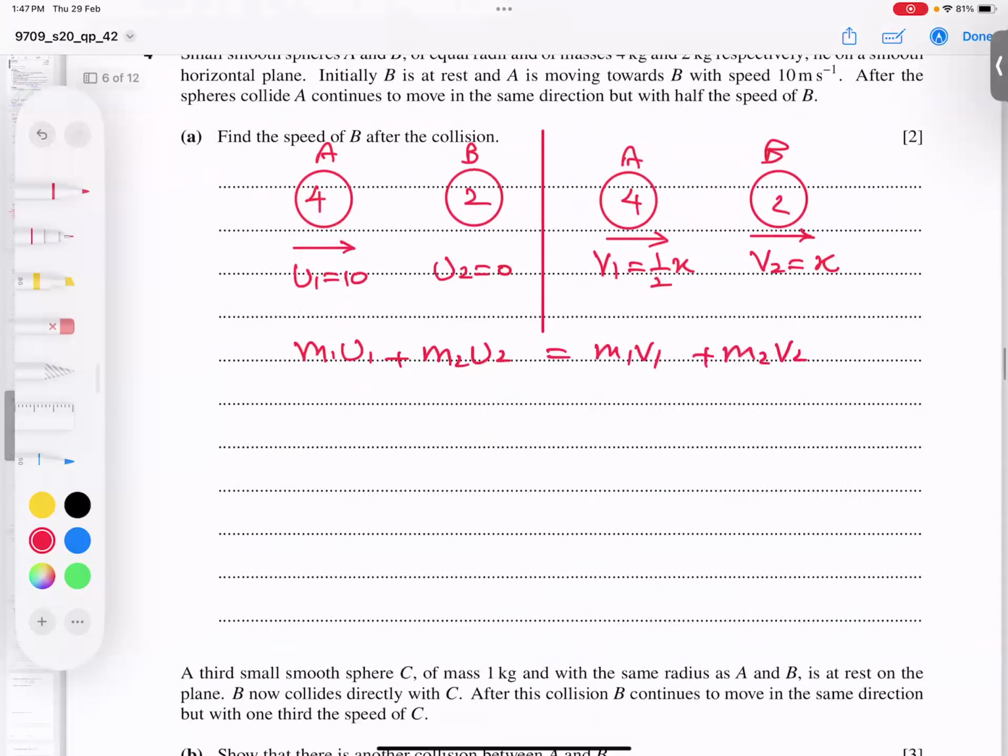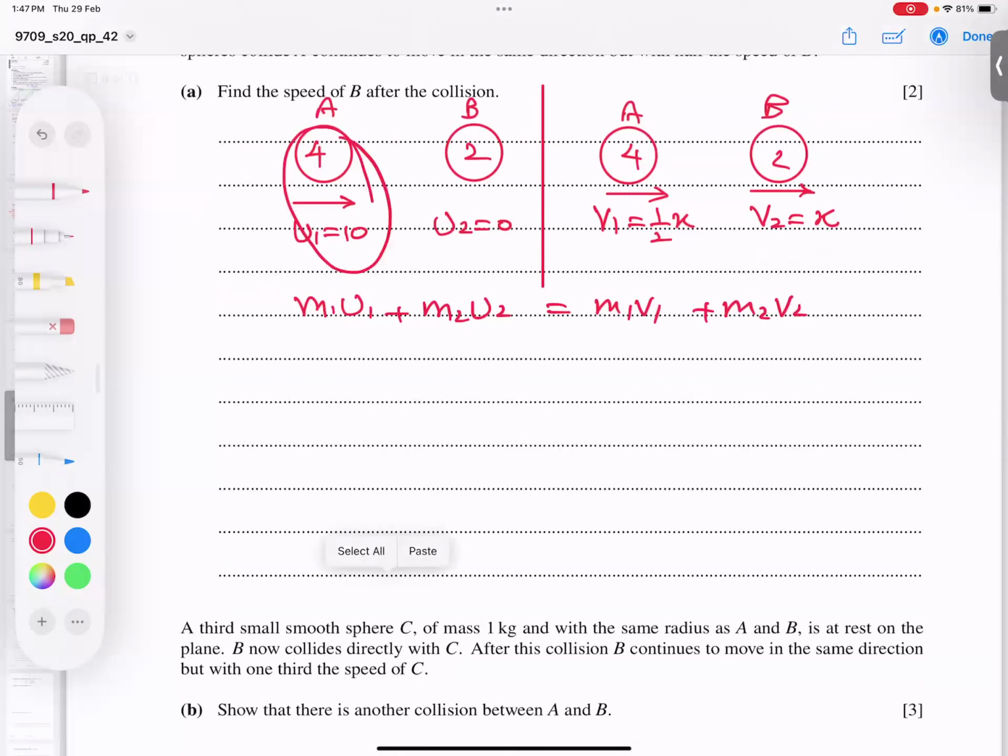Plugging in the values: 4 tens are 40, plus 0, equals half x into 4, which is 2x, plus x into 2, which is 2x. Ultimately I get 40 equals 4x, and dividing by 4, x is 10.